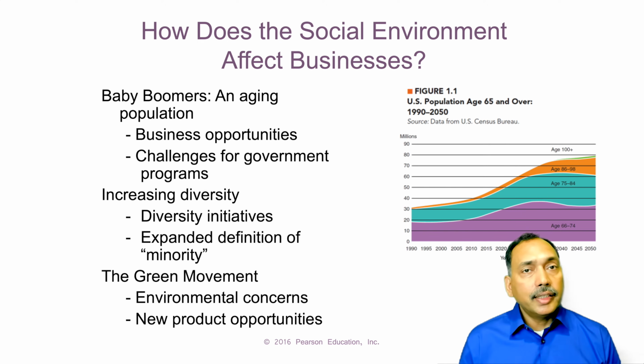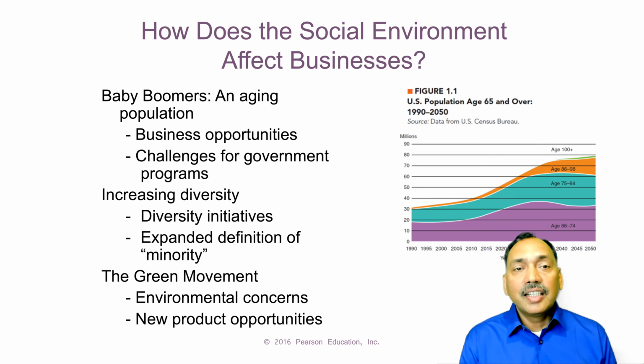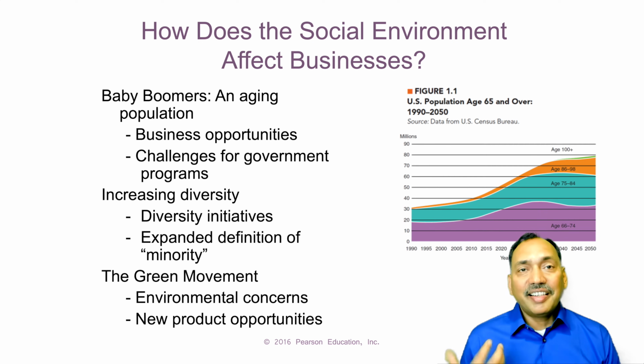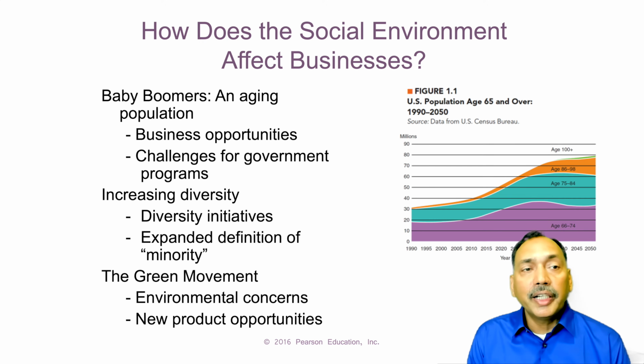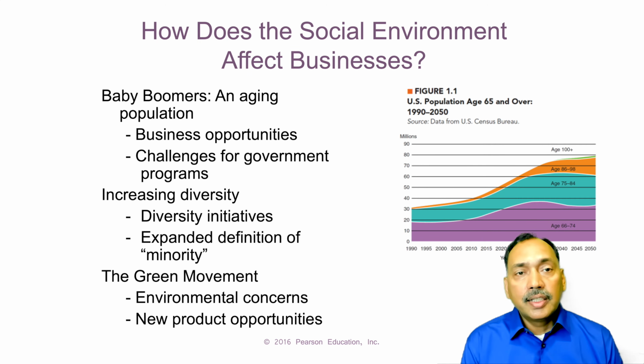Another new trend that we see nowadays is the green economy, where businesses factor ecological concerns into their business decisions. There is also a lot of demand for new green products from customers. All these trends contribute to the social environment, and they also create a lot of interesting opportunities for businesses.